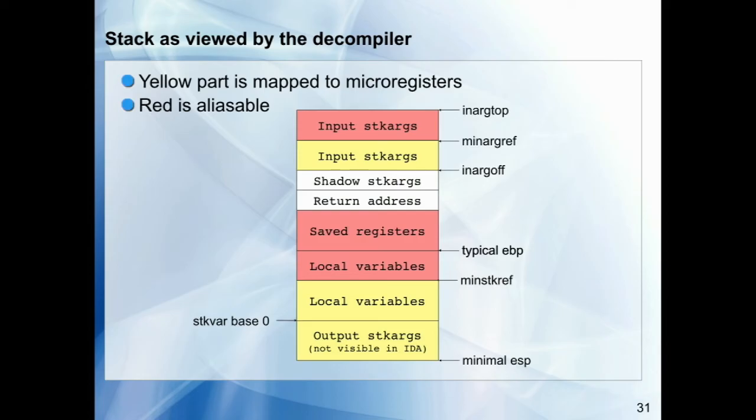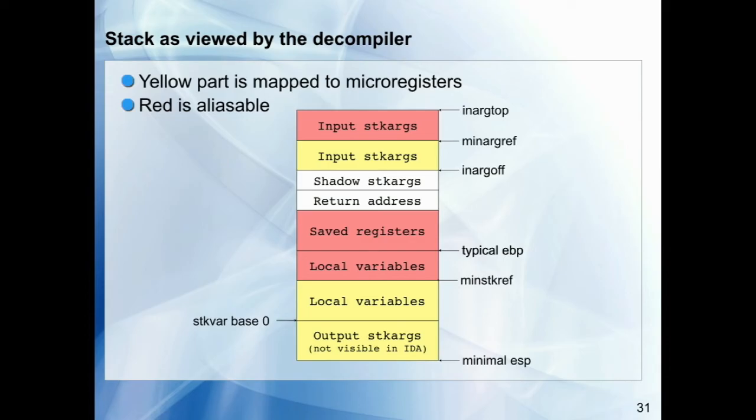In the middle of this diagram, we see the return address. Just below the return address, there is a red area where we have saved registers and local variables, and beneath it we have unaliasable local variables.